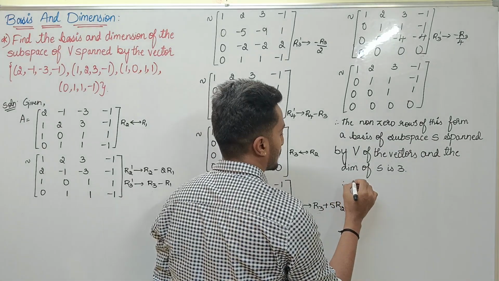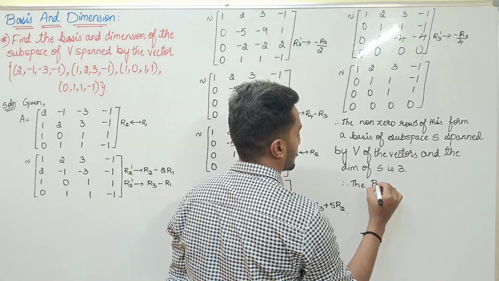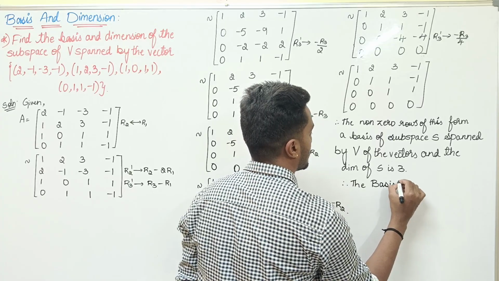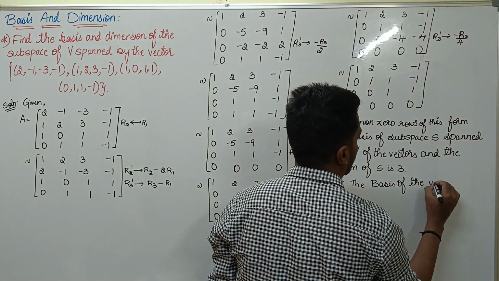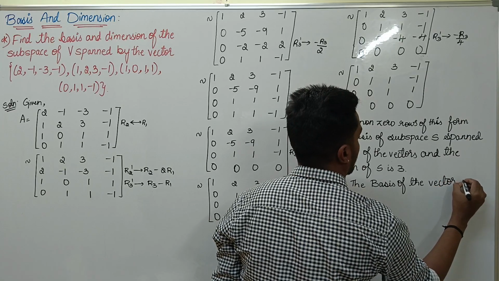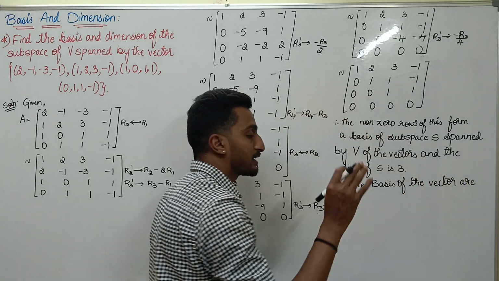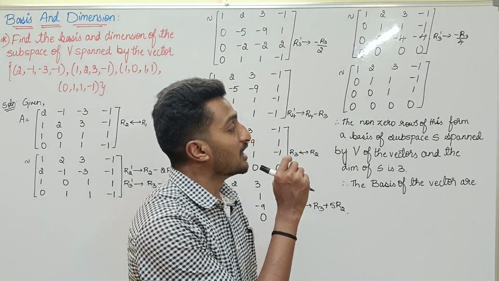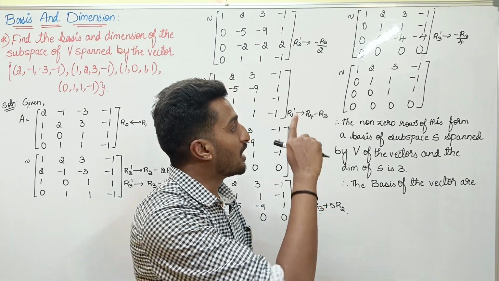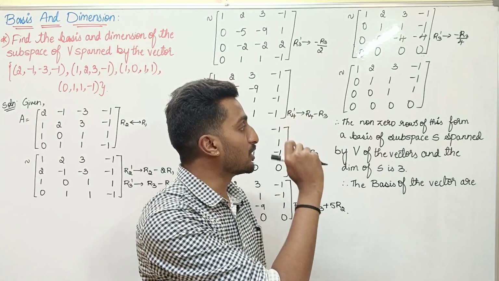Therefore, the basis of the vectors are: to represent the basis we consider the non-zero rows after reducing with respect to row echelon form.